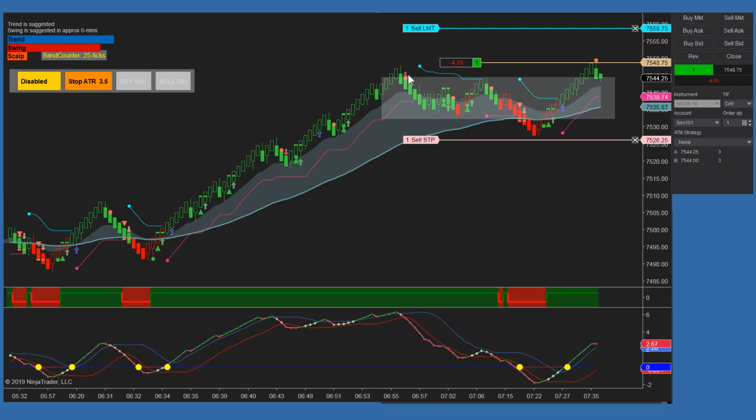You see what you could do as well to be on the safer side is you could let the market break. This now is the retest that we're waiting on.